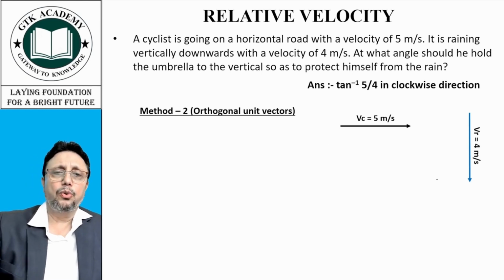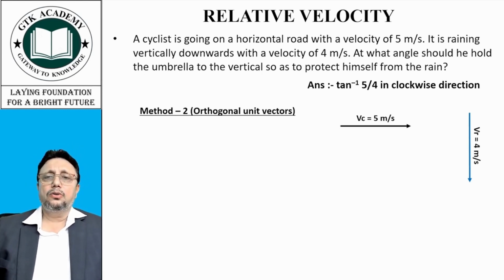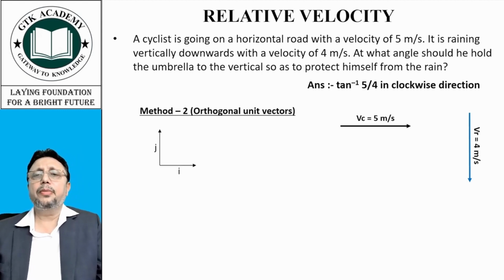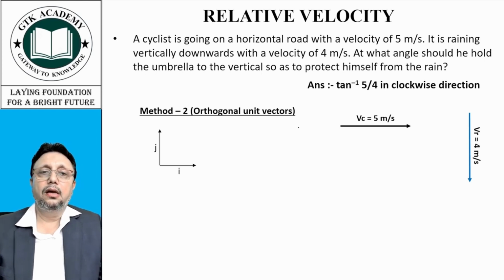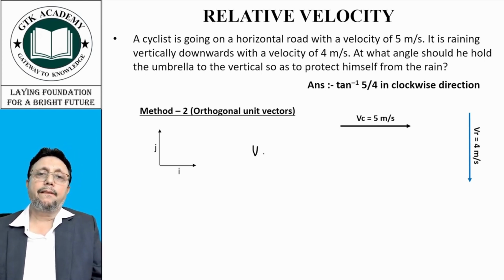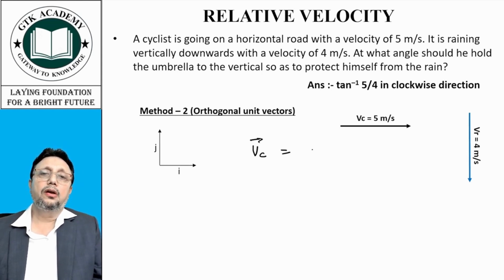So that's up to you. Now, for example, if I take I like this and j like this, then VC is equal to how much? 5I, because I direction is this one, and VC direction is also the same.